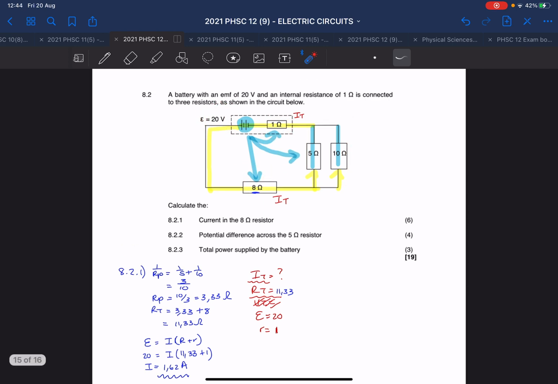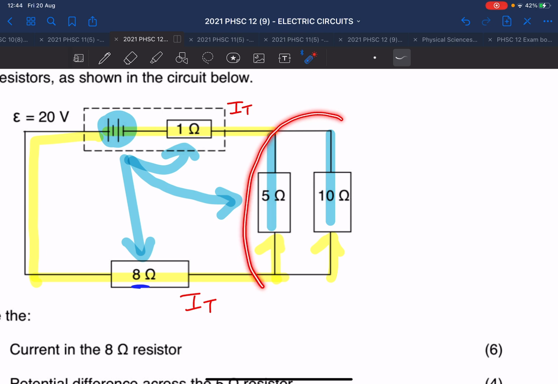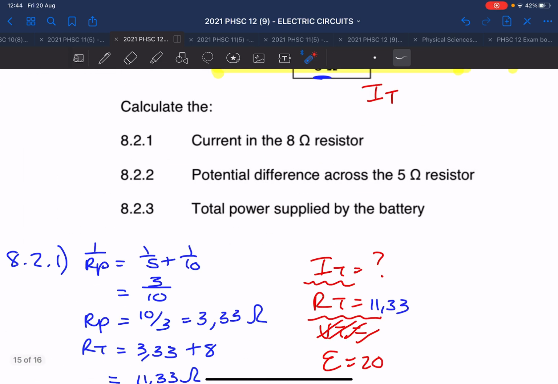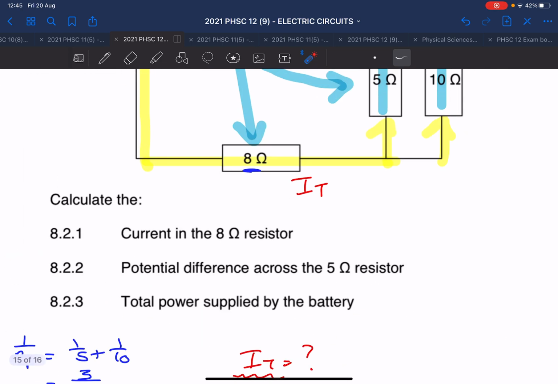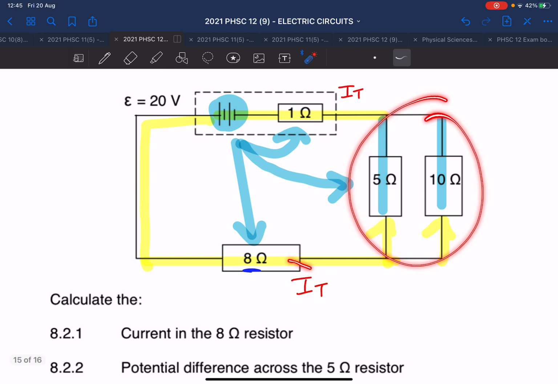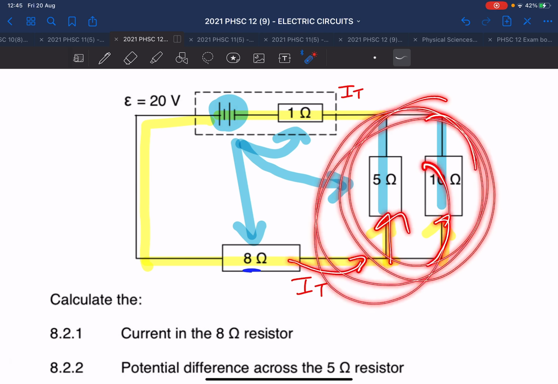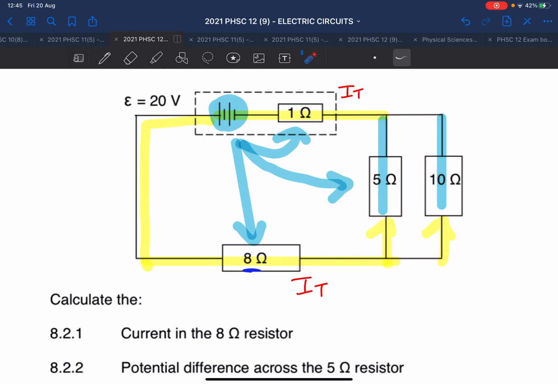Or I can say I know what the resistance of them together is. I've just calculated it, right? There, 3.33. And I know the current that will split up, but what is the total current together? I've calculated that as well just now. So I can say I know the resistance, I know the current, so I can get the volts that is here, because it will be the same volts in here as in there.